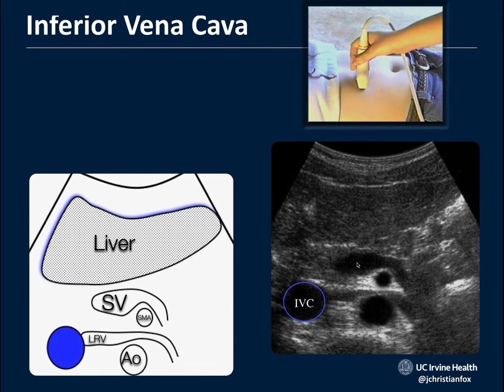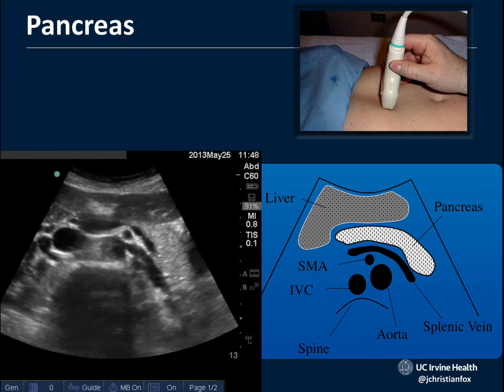We can see the splenic vein. It's right here. The splenic vein is this worm that crawls over the SMA. We can see the left renal vein getting nut cracked between the SMA and the aorta, draining into the IVC. And so here's all your liver up here. And this is actually pancreas seen right here. Pancreas is just right next to that splenic vein.